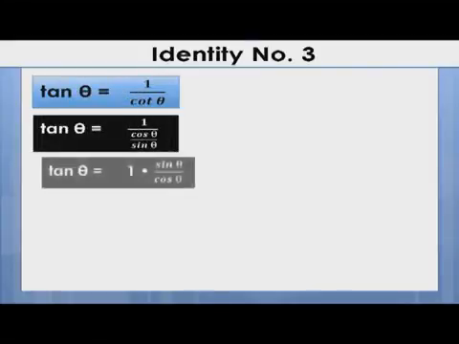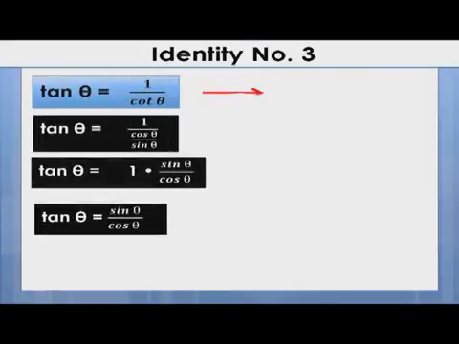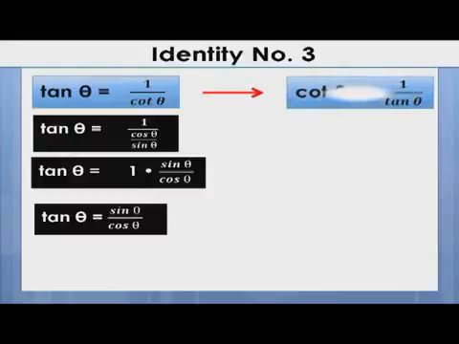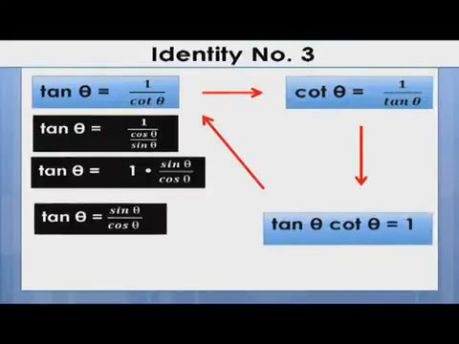We already derived the identity number 3, which is tangent theta is equal to 1 over cotangent theta. If we are going to derive why tangent theta is equal to 1 over cotangent theta, this is how it works. Tangent theta is equal to 1 over cosine theta over sine theta.